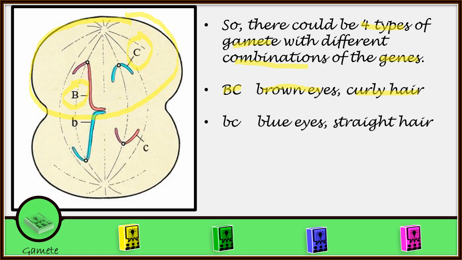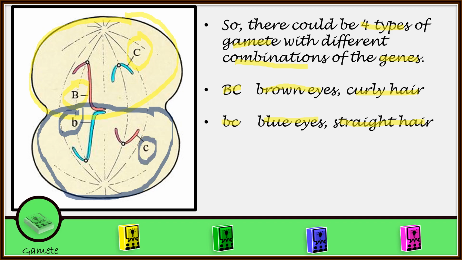Then we are also going to receive smaller b, smaller c, and you will see that this one has blue eyes and straight hair. So the gamete at the lower side is going to have the gene for blue eyes and the gene for straight hair.